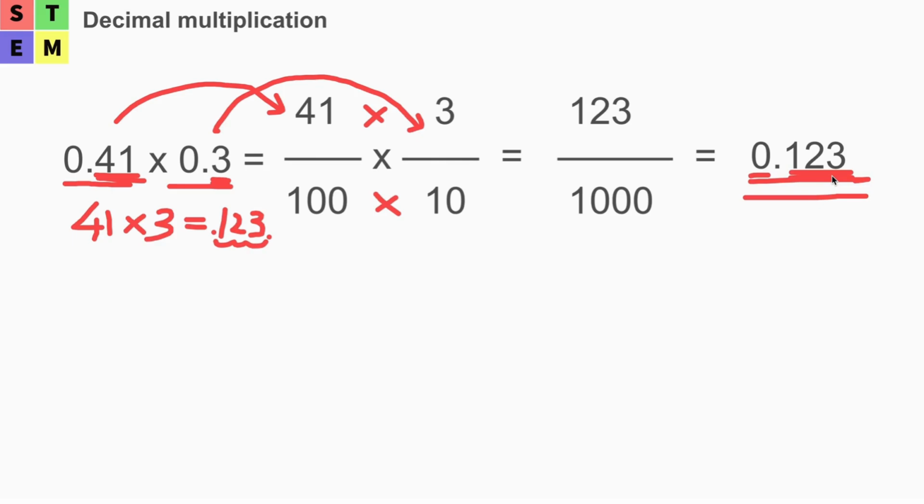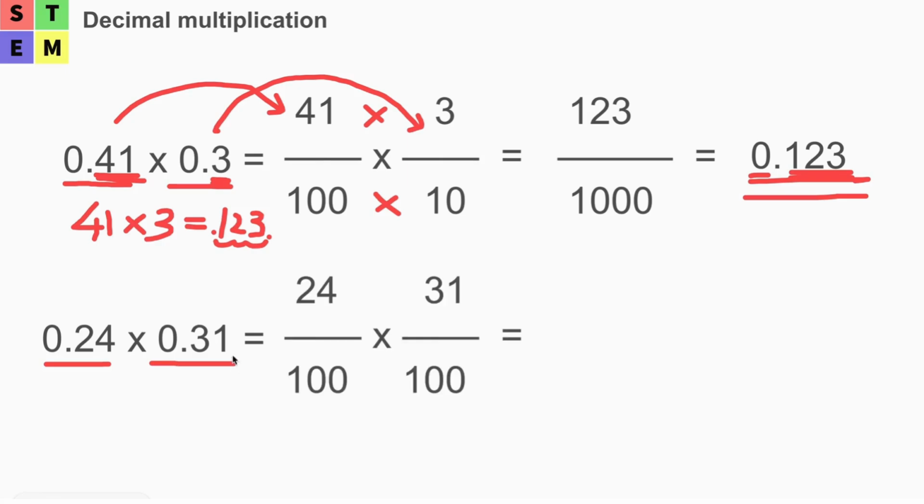Okay, so we have 0.24 times 0.31. Okay, how can we do that? Again, same, we transfer it to fractions. Okay, so 24 over 100, 31 over 100. Okay, so again, 24 times 31, 100 times 100.